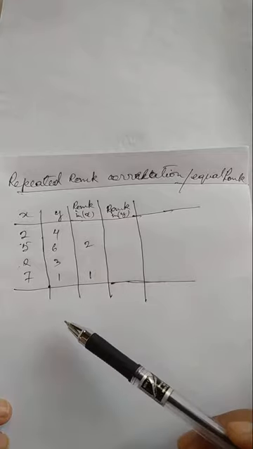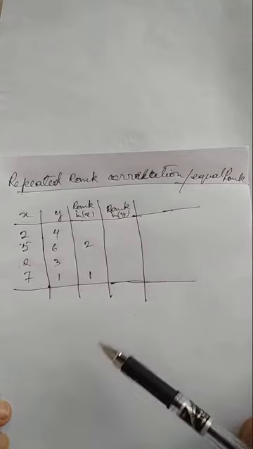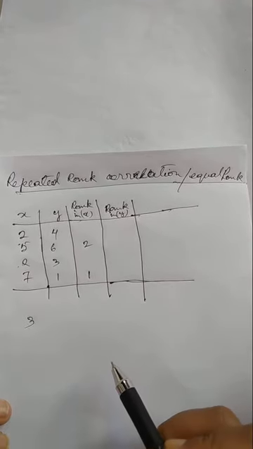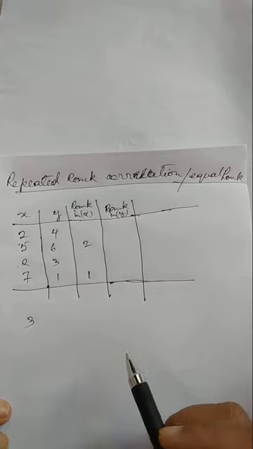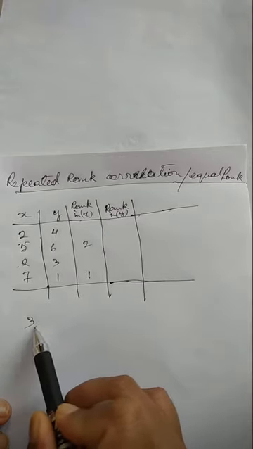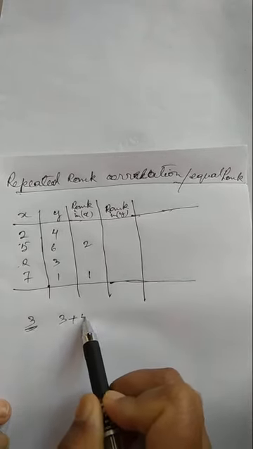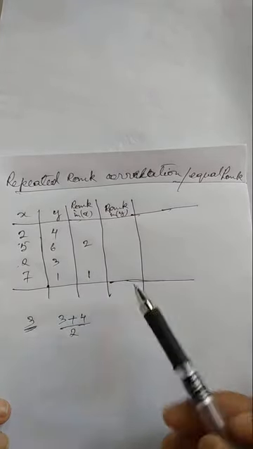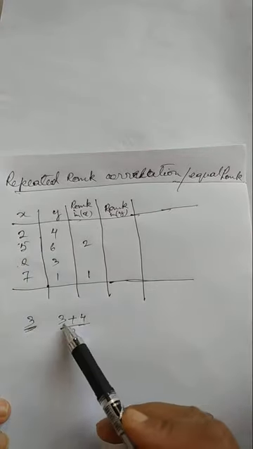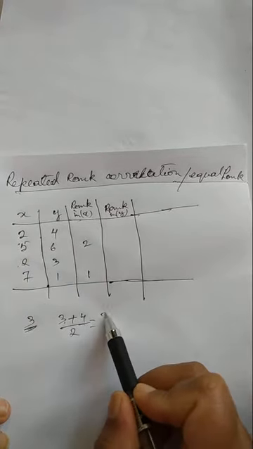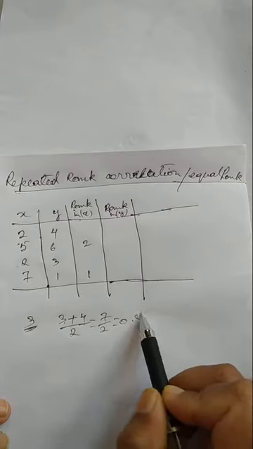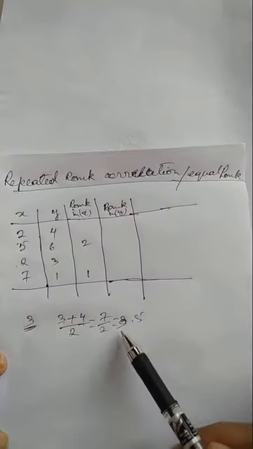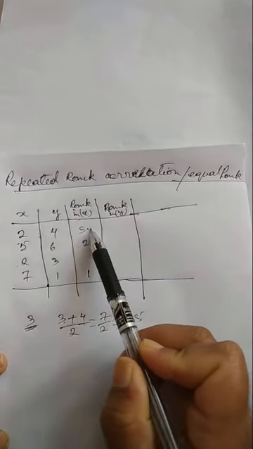So if two individuals are ranked equal at 3, they are given the rank of 3 plus 4, that means the average rank. We add 3 and 4 and divide by 2, which gives us 7 by 2, which is 3.5. That means they have the equal rank 3.5.